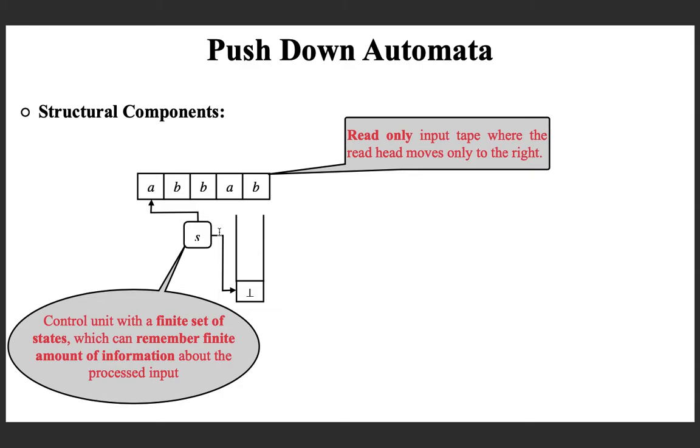And in addition to these two components, which defines a finite state automata, a push down automata is getting an additional component, which is a stack, which can be used as an intermediate storage. So, this is the only additional component that you added to a finite state automaton to get a push down automaton.